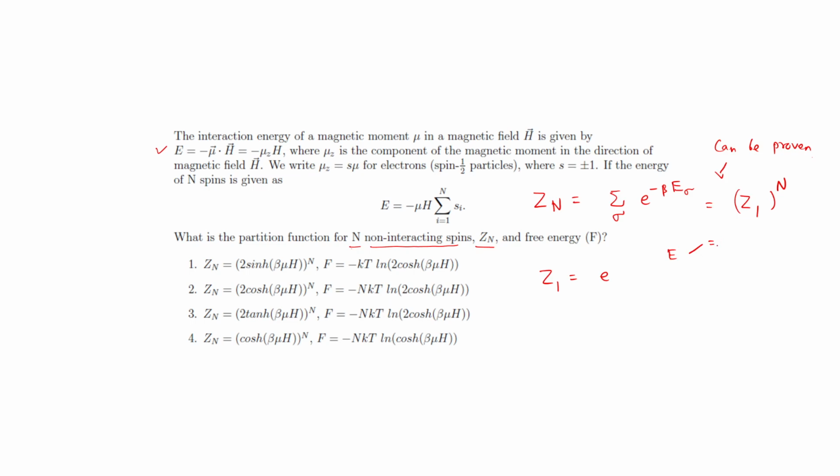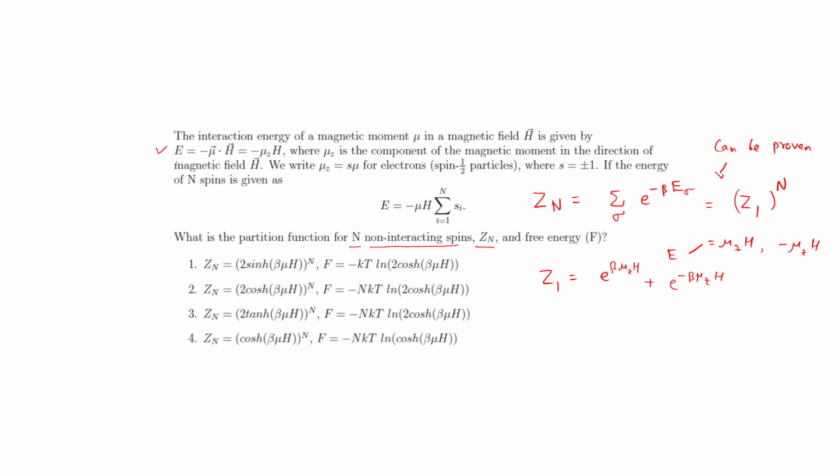So it will be e to the power beta mu_z h plus e to the power minus beta mu_z h.